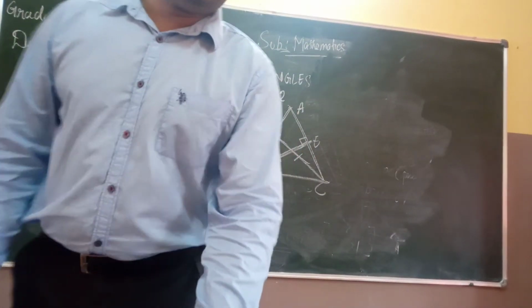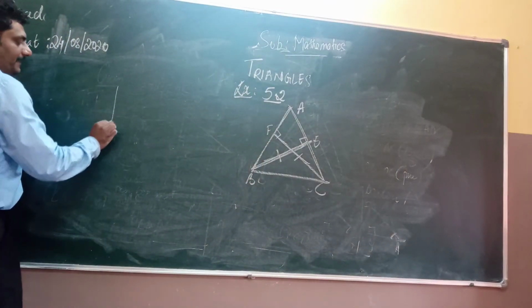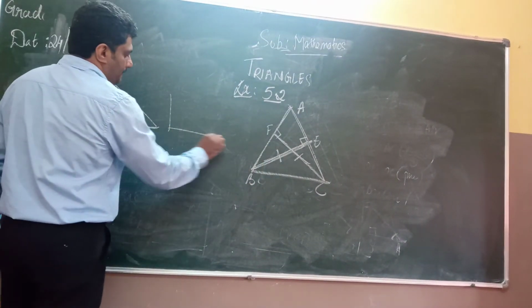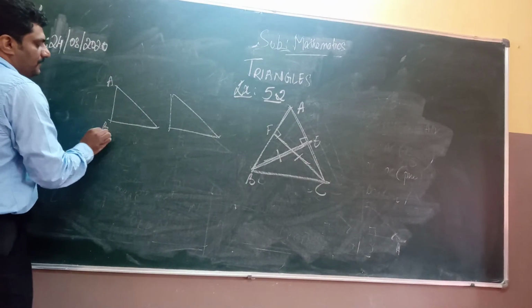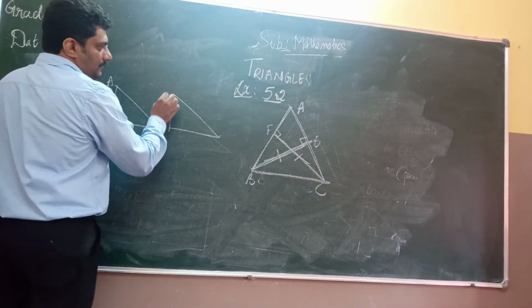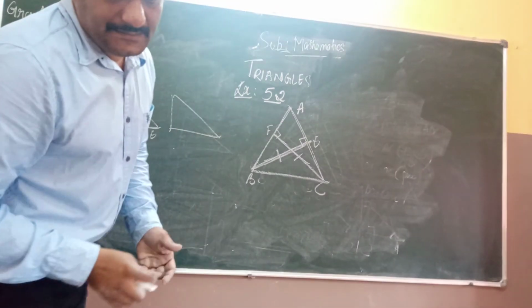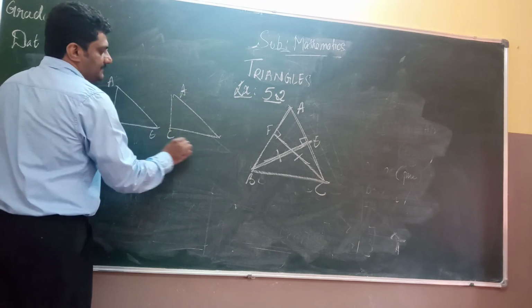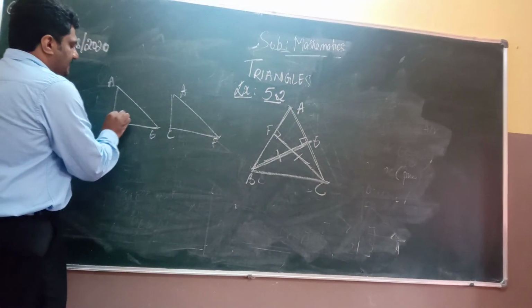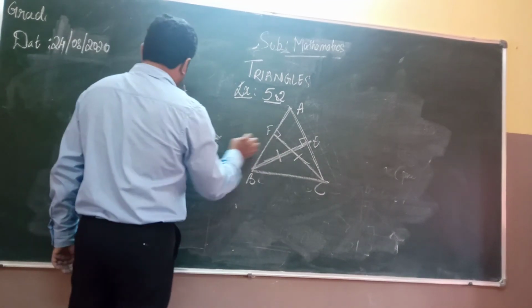Let's draw it separately and see what information we have. A, B, ABE and ACF. AC. This is 90 degrees. 90, right?